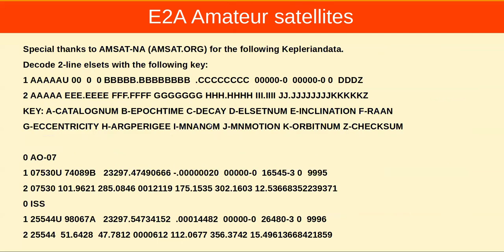This is a little section of one of the ARRL ones, and it shows decoding information up at the top, and then for each satellite, they'll have these parameters. If you spend some time, you can figure out what all those numbers actually are.